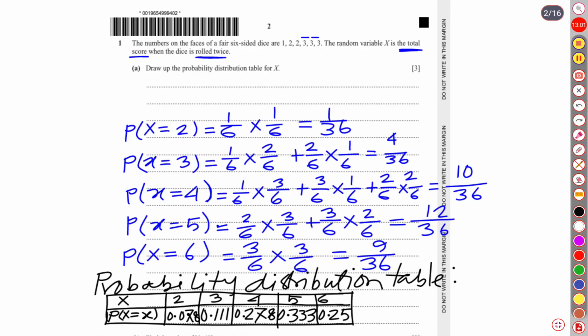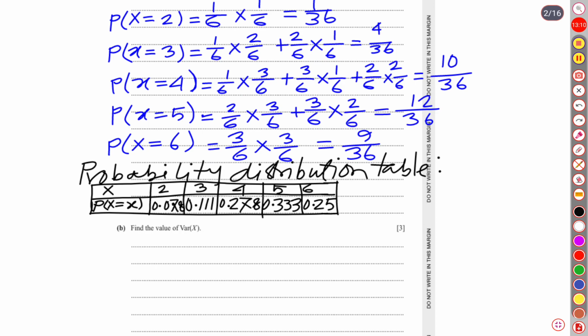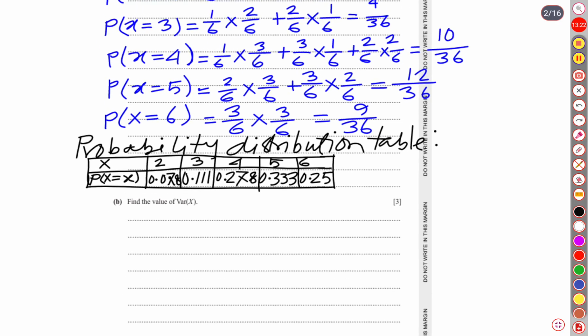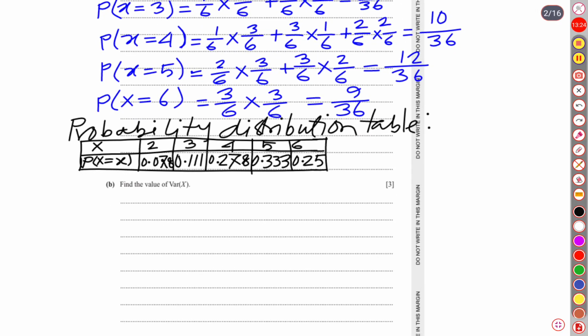Okay, let's move on to the immediate next question. The next question says, find the value of the variance of x. For finding the variance of x, first of all we will have to find the mean value, the expected value.